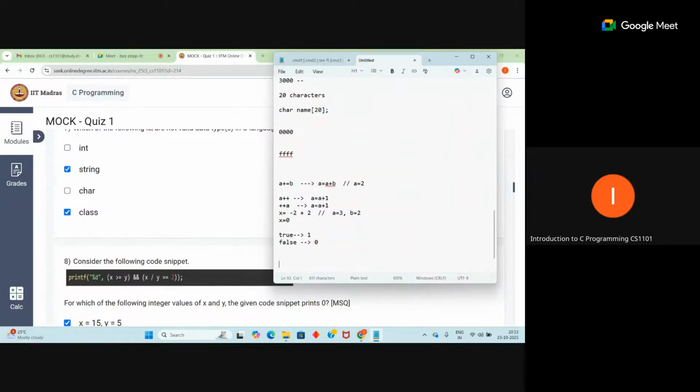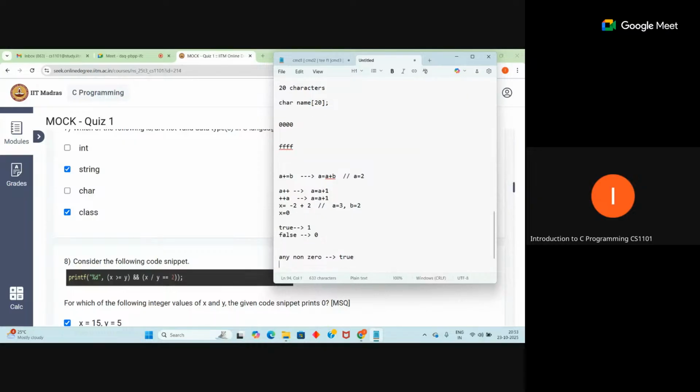Whereas when we are giving the input, any non-zero value is taken as true, whereas 0 is taken as false. When we are giving the input, your computer will accept any non-zero value, something like say 5 or minus 32.